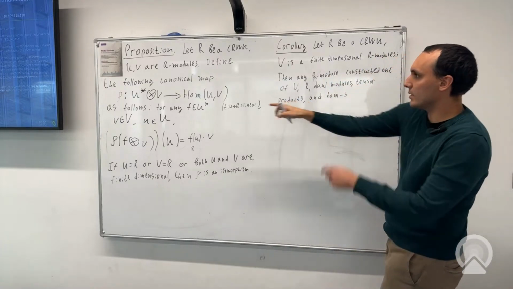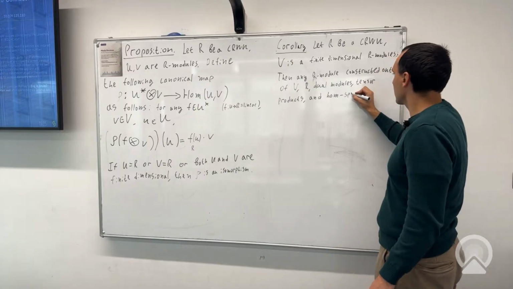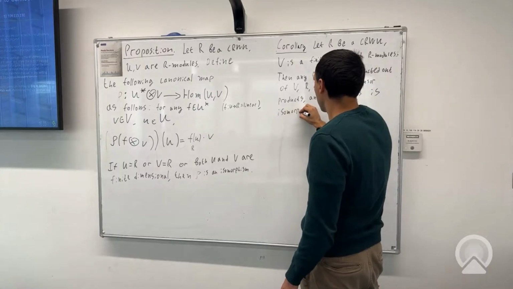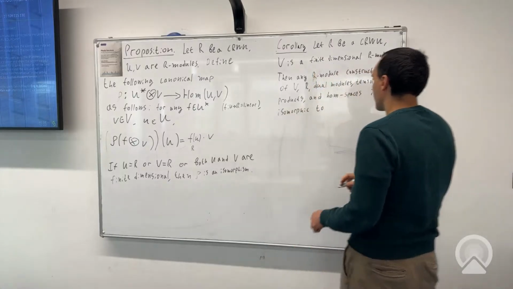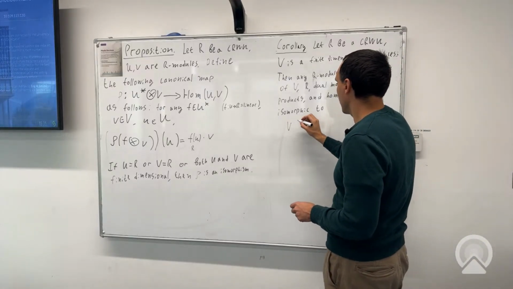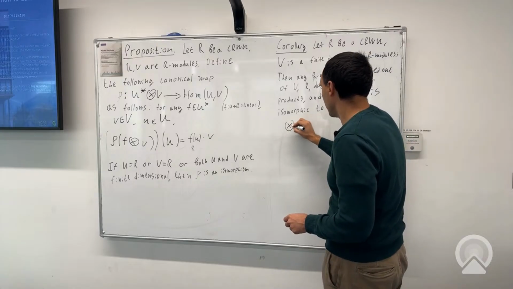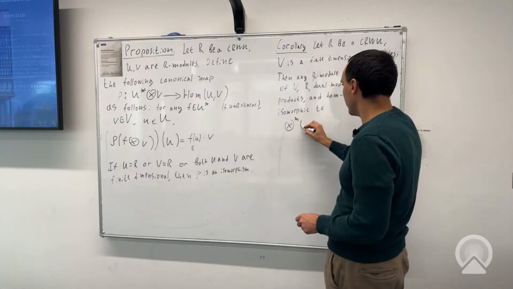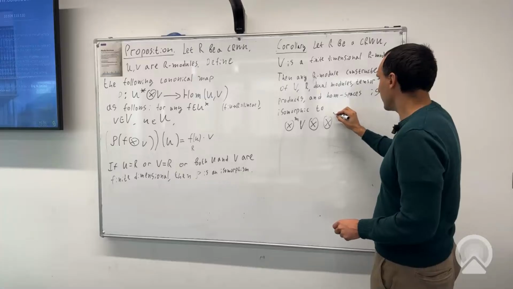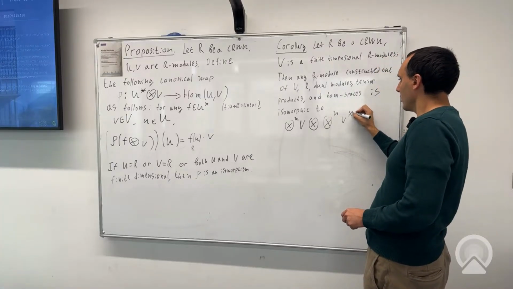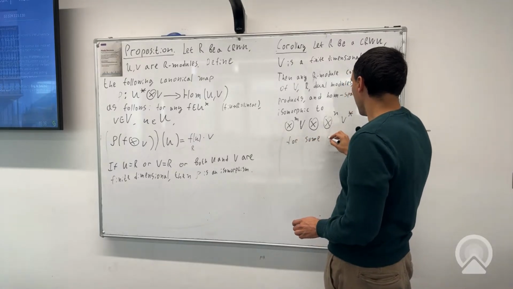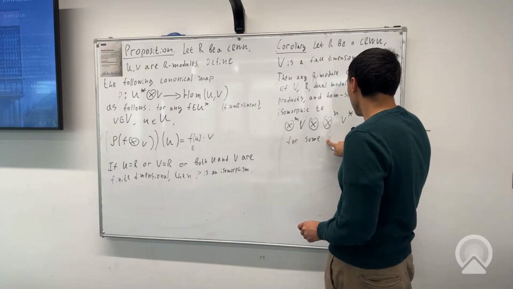Hom spaces. So Hom spaces are listed here. Hom space is isomorphic to the M tensor power of V times the N tensor power of V star for some M and N natural. I didn't define it, but I will define it.